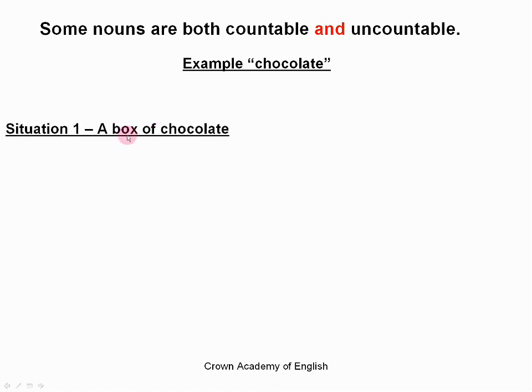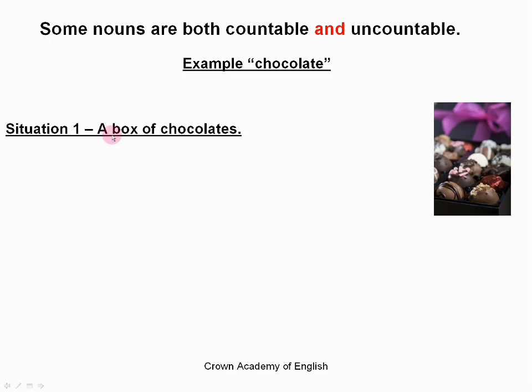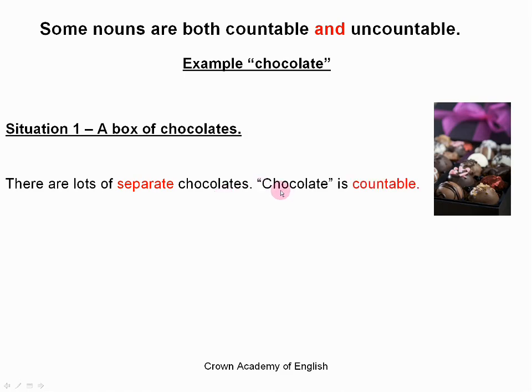In some situations, if we are talking about a box of chocolates, like here on the photograph, a box of small individual chocolates, then there are lots of separate chocolates. Chocolate, in this example, is countable. So we say, do you want a chocolate?